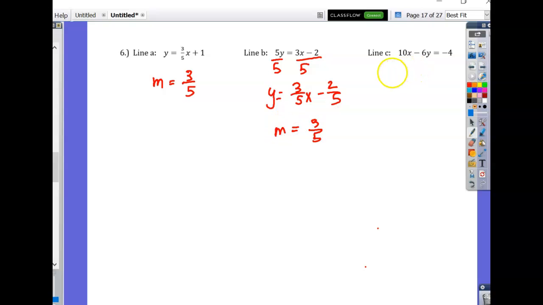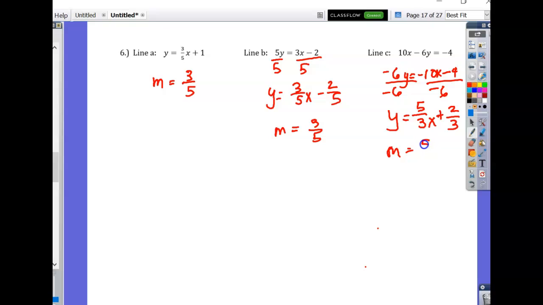On this one, -6y = -10x - 4. When I divide by -6, I get y = 10/6, which is 5/3, positive 5/3 x, and -4 divided by -6 would be plus 2/3. So our slope here is 5/3.